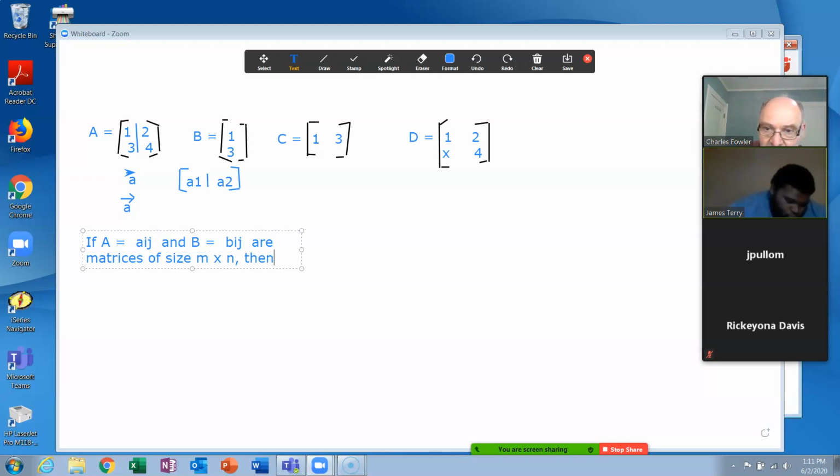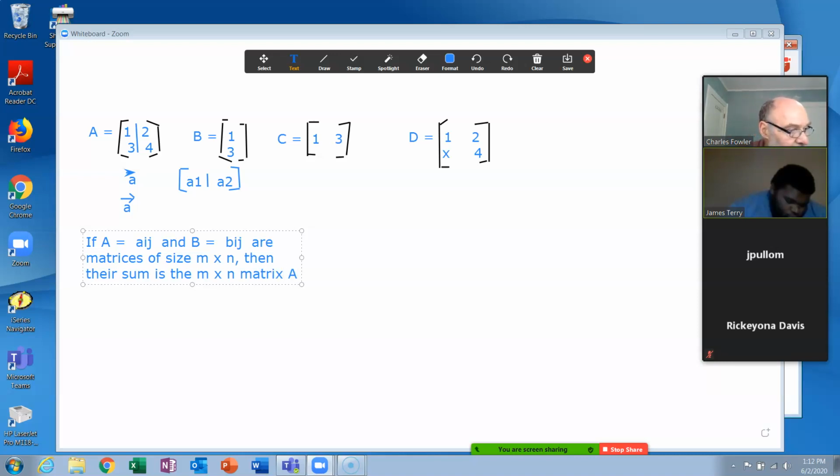Then their sum, in other words, we're adding two matrices together, is also going to be an M by N matrix.